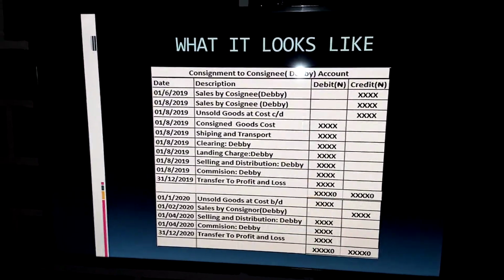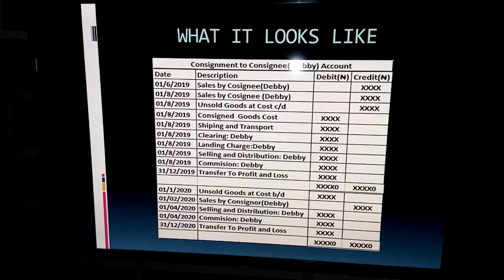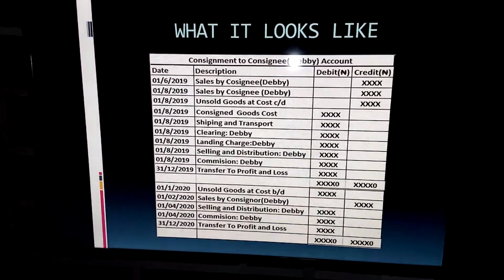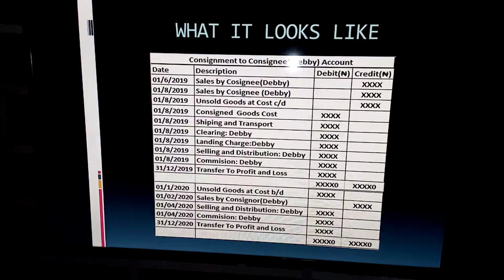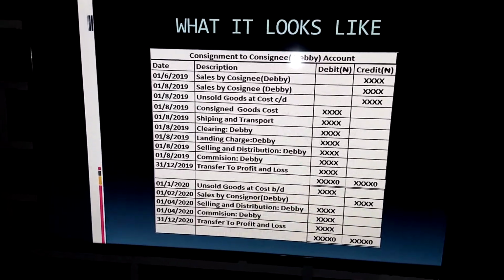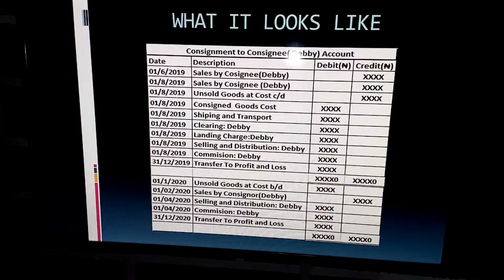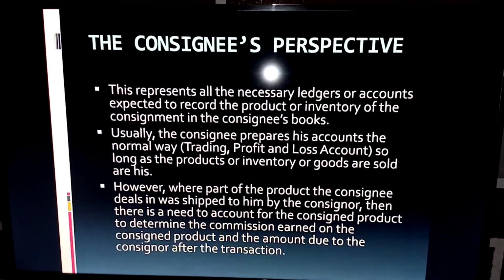So basically what I was saying is that where there is an unsold product, we don't recognize the profit in the year that it was not sold. So we adjust for the unsold product and then transfer it to the following year, or the next period where it will be sold, and then recognized in the report of that very period.